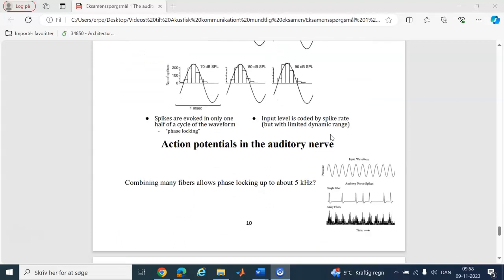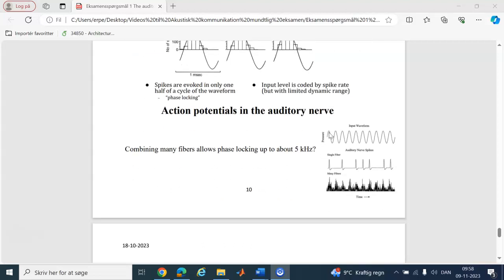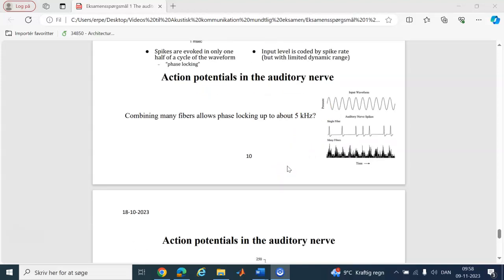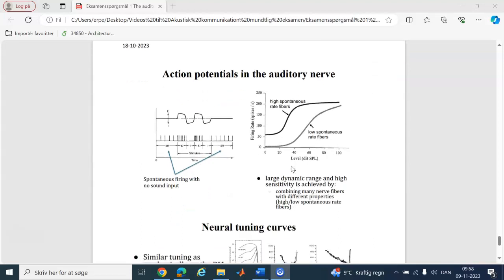Action potentials in the auditory nerve. Combining many fibers allows phase locking up to about 5,000 hertz. Many fibers are doing it. There are two kinds of fibers: high spontaneous rate fibers and low spontaneous rate fibers.